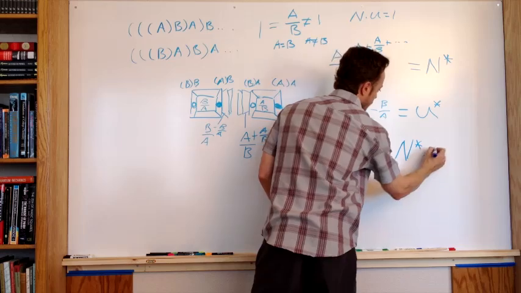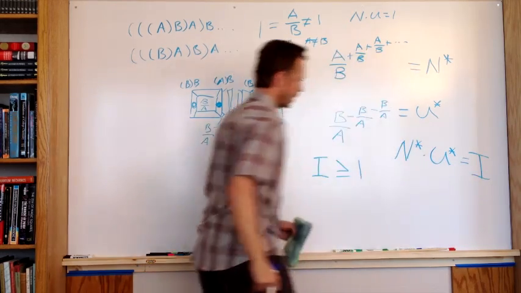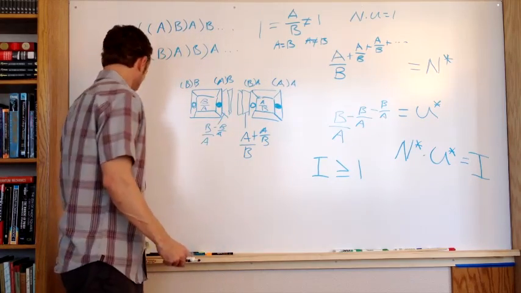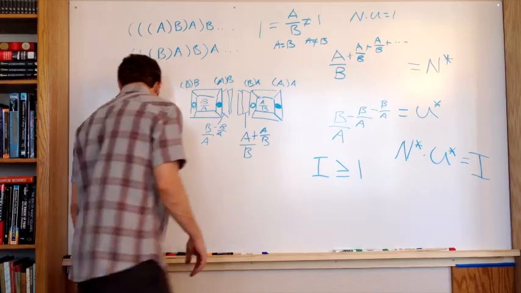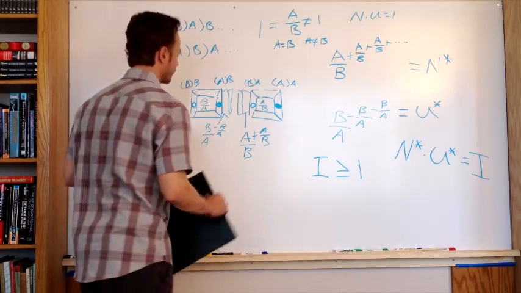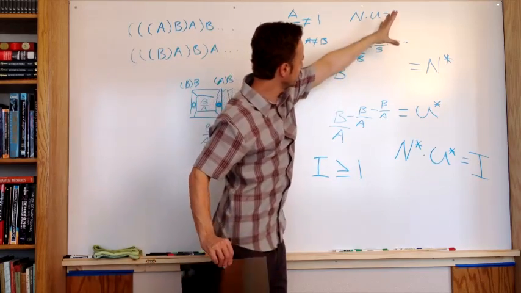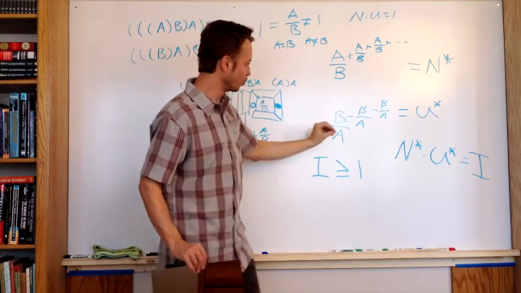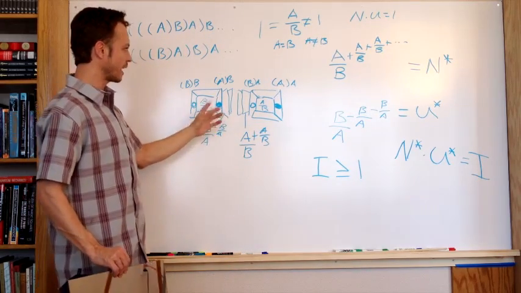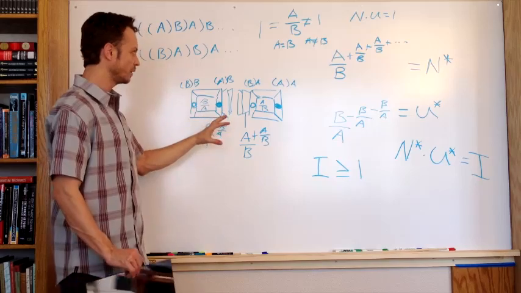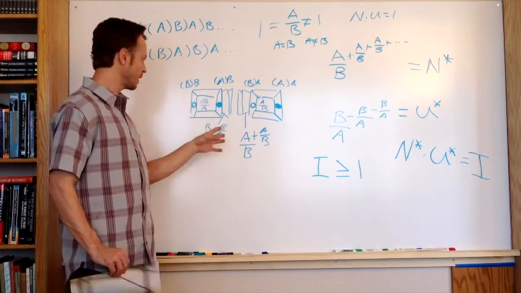And the way we derive I is simply n star times u star equals I. So what we have here is an infinite regression to account for the infinite relative frames of reference and how they're interwoven and interrelated, as a replacement for the concept of absolute space.